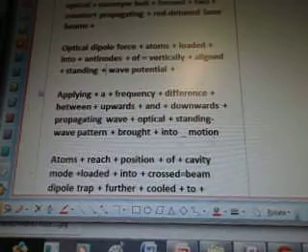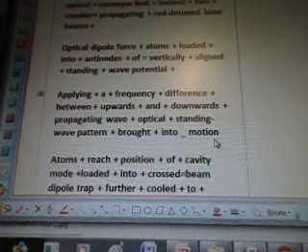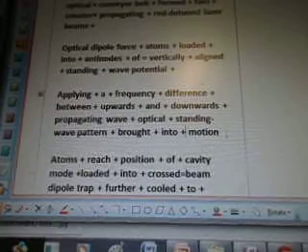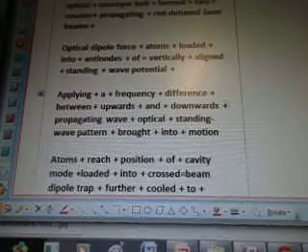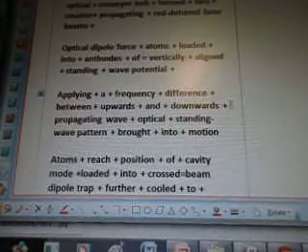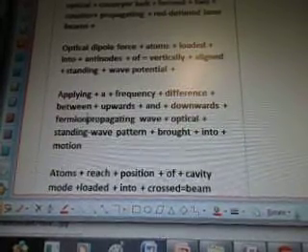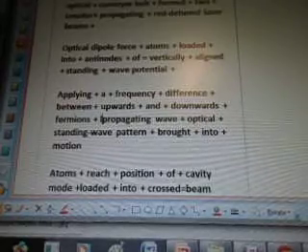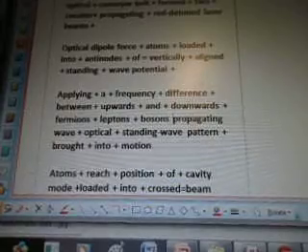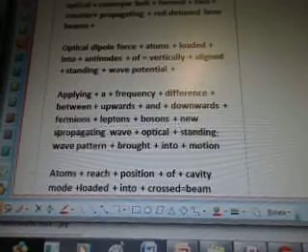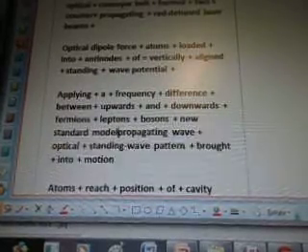Applying a frequency difference between upwards and downwards propagating wave, optical standing wave. Okay, upwards and downwards, I'm going to add that to fermions, leptons, bosons. We're going to do this, the new standard model. Some similar in there. Propagating wave, optical standing wave pattern brought into motion.